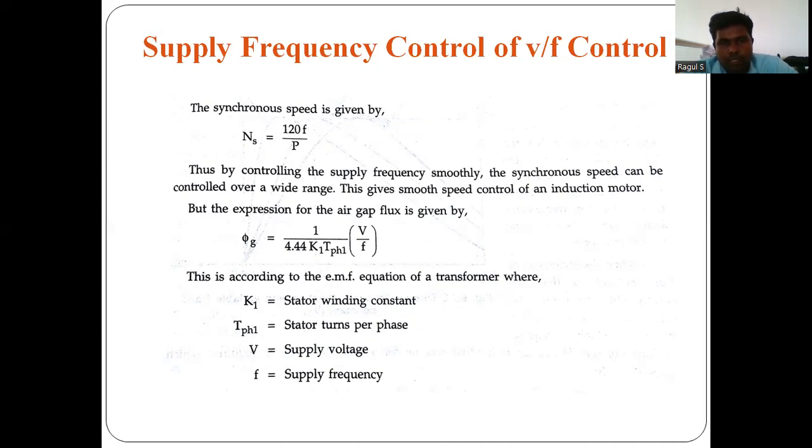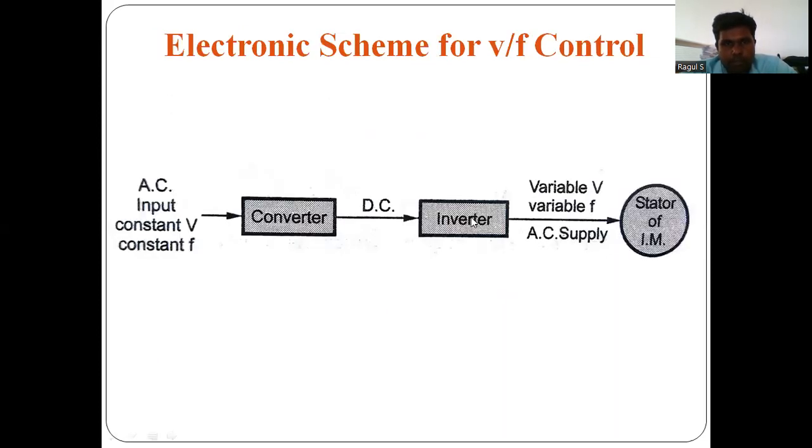Here the voltage is directly proportional to the air gap flux, while the frequency is inversely proportional to the air gap flux. The remaining parameters: K1 is the stator winding constant, TPH1 is the stator turns per phase, V is the supply voltage and F is the supply frequency.